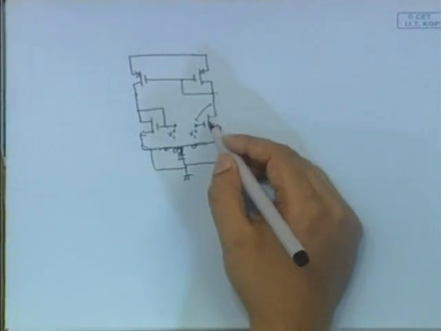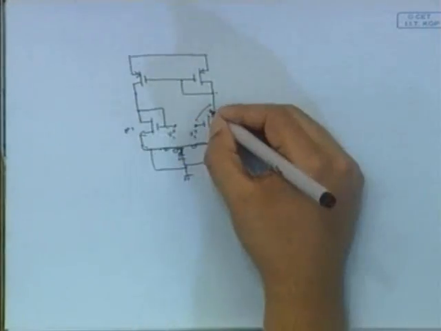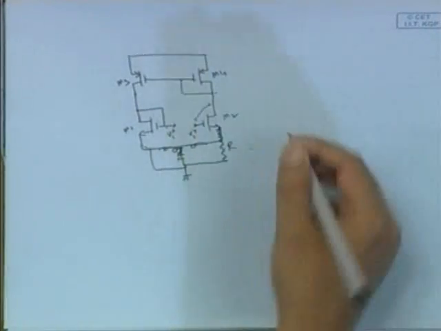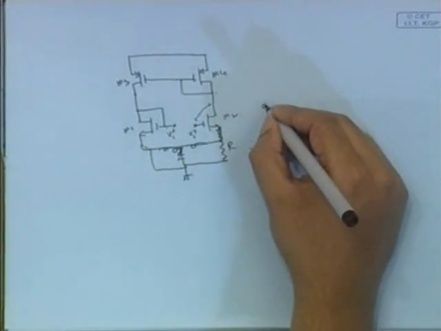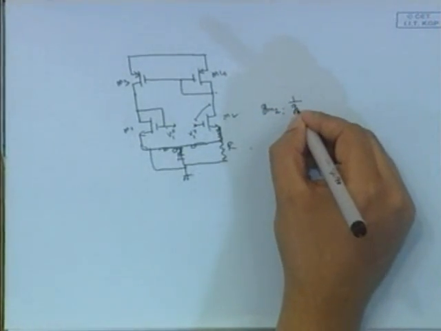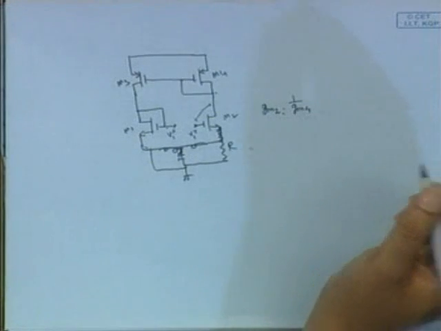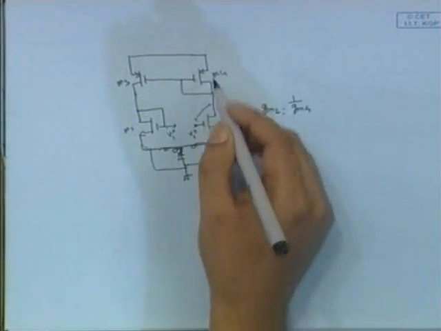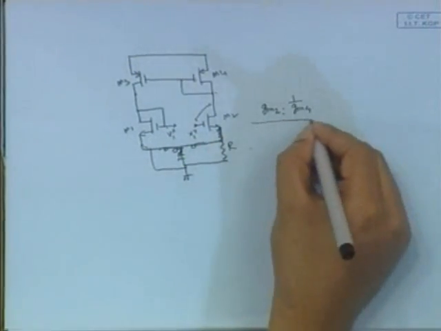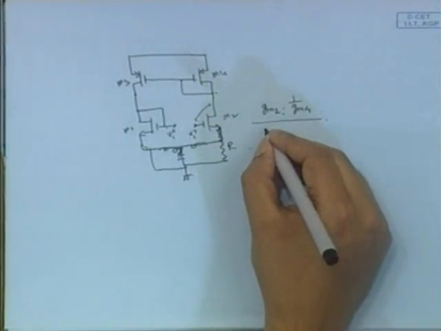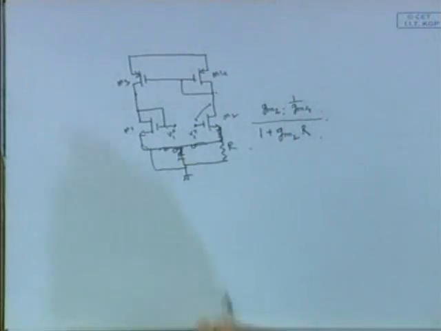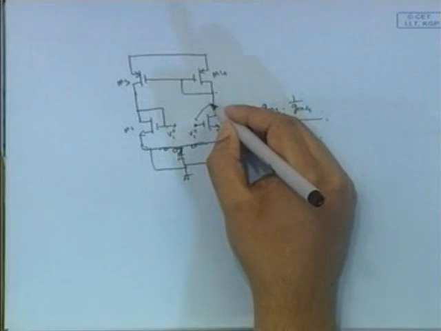The gain is GM2 multiplied by 1 upon GM4. Here this is a load and the source degeneration resistance is here. So it would be 1 plus GM2 multiplied by R. That is the gain from this node to this node.